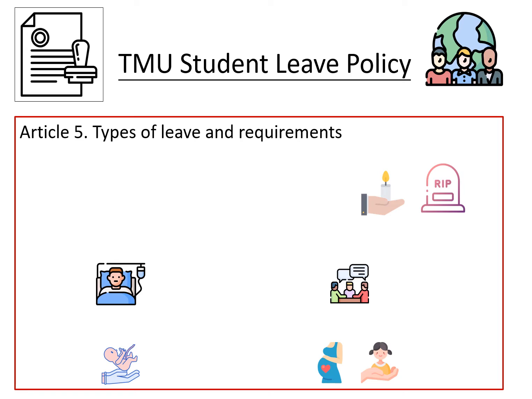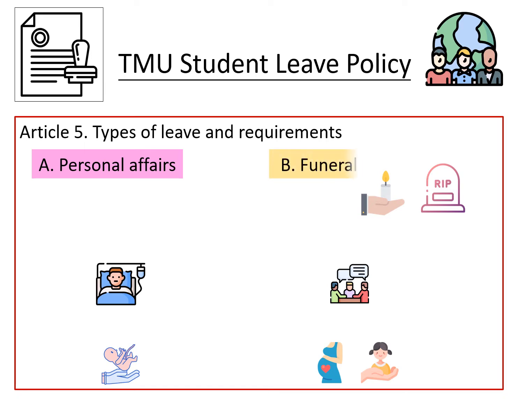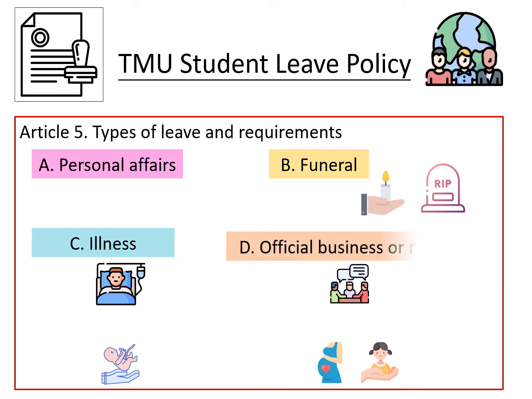Article 5, there are several types of leave and the requirements. Let's check out on it. The first one is personal affairs. If you have something that needs to be done, you can apply for this one. Maybe you have visa matters and have to go to the immigration office. Number 2, funeral. If someone has passed away and you need to attend their funeral, you apply for this one. Number 3, if you feel sick and need to take a rest, you make a sick leave.